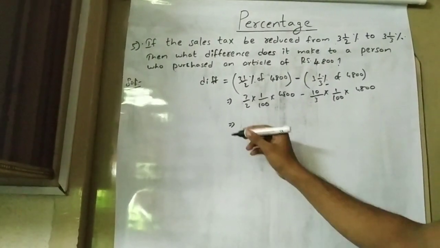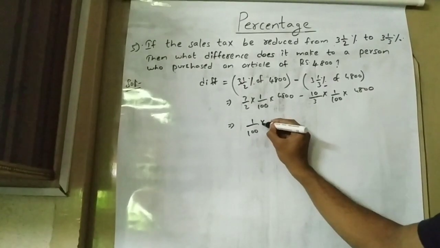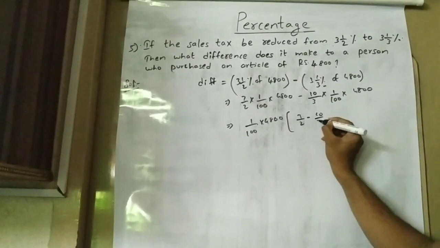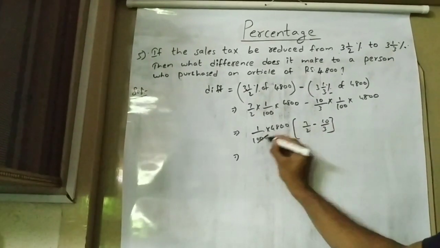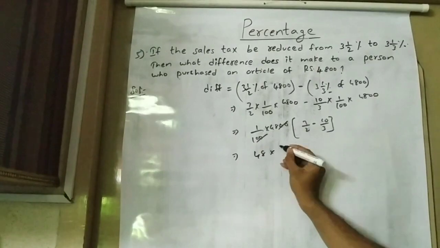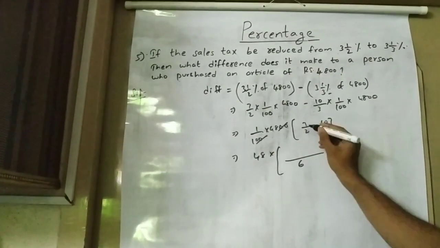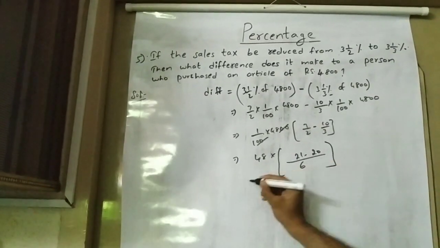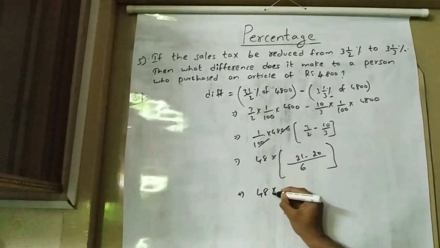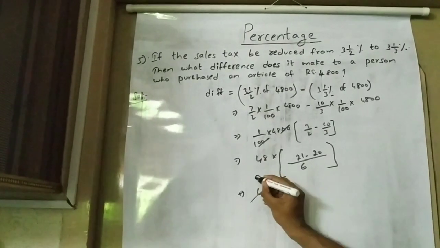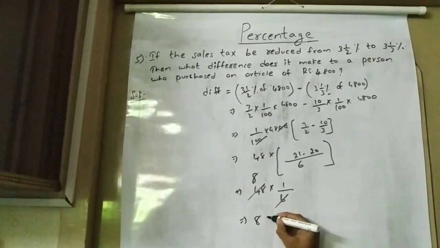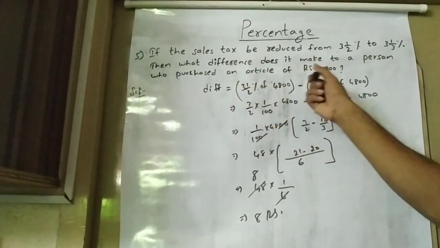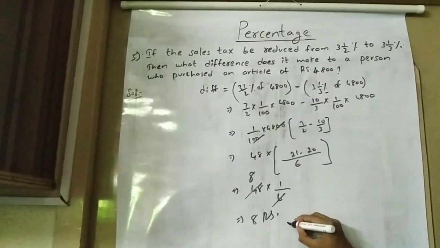Take common 1 by 100 into 4,800, 7 by 2 minus 10 by 3. 2 zeros, 2 zeros, so 48 into, 2 3s are 6 and 2 3s are 6, 3 7s are 21 minus 3 10s are 30. That is equal to 48 into 1 by 6, so 6 8s are 48. That is equal to 8 rupees. So what difference does it make to a person who purchased an article of 4,800? That will be 8 rupees.